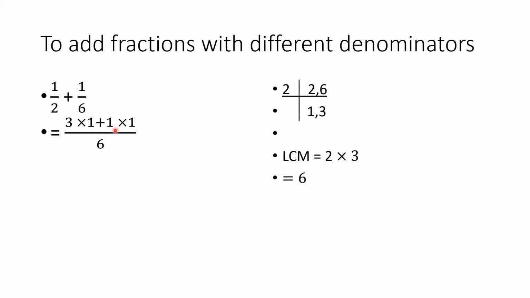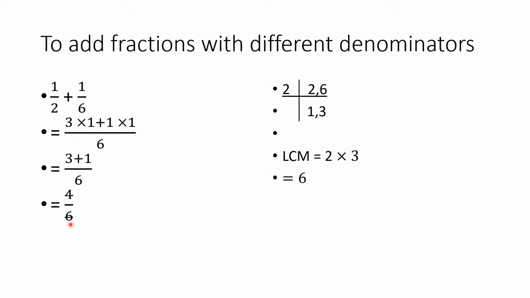So we will write 1 here, multiply this numerator. Now we will solve this. Always do multiplication first. 3 ones are 3 and 1 ones are 1. So we will write 3 plus 1 divided by 6. So here 6 is the denominator and 3 plus 1 equals 4 is the numerator. So our new fraction is 4 by 6.